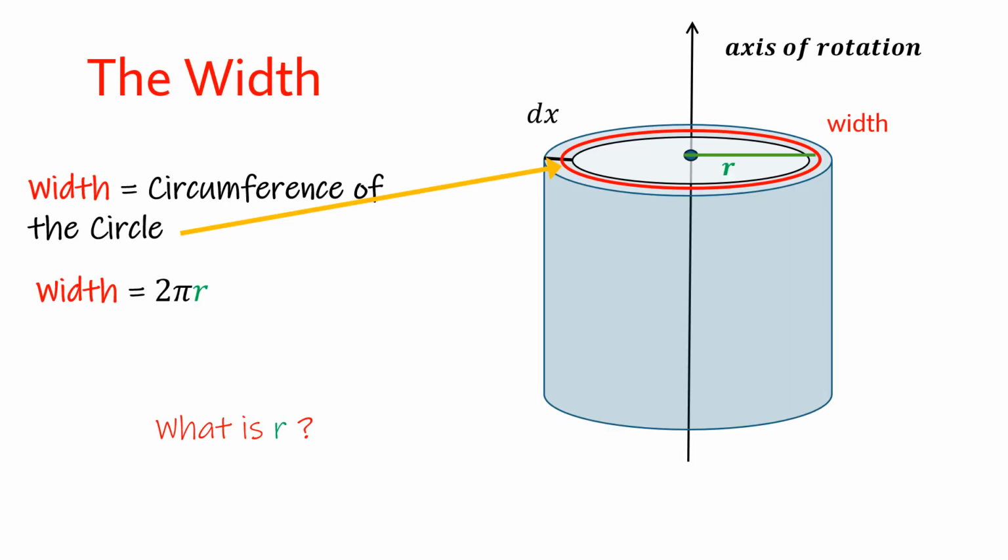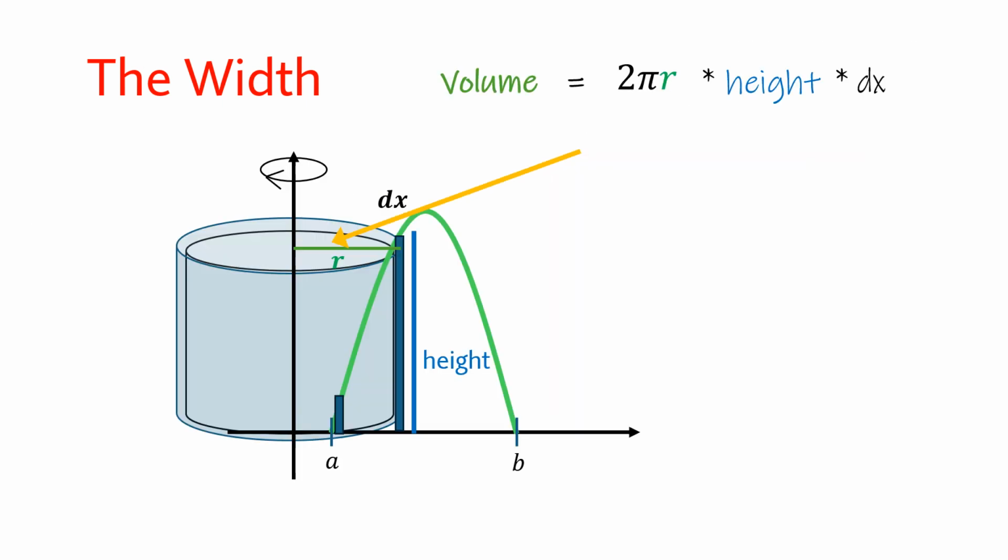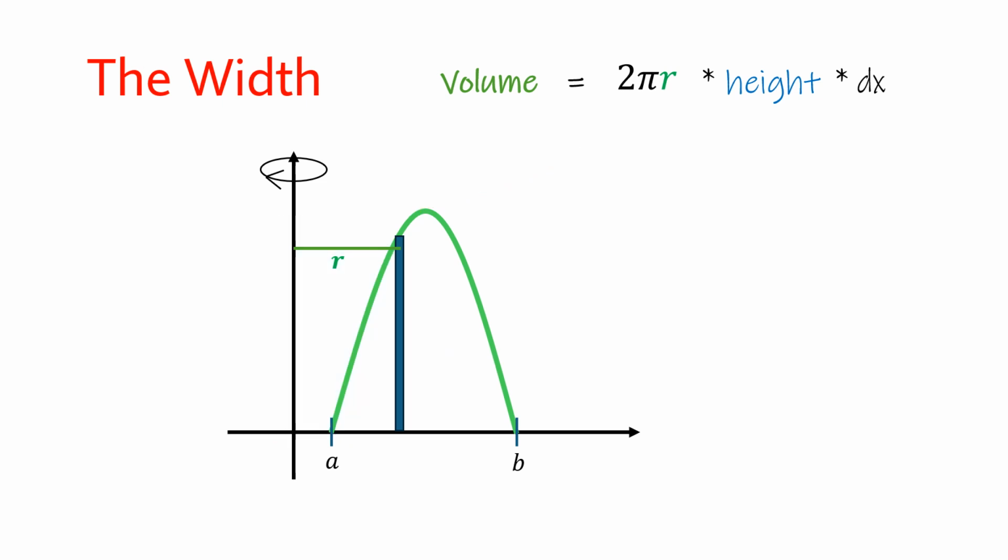So moving backwards to part 2, where we found the width to be 2 pi r, that was part 2 of the series. And we just need to find r. So here is our width of the rectangle put onto our cylinder. And let's just go ahead and put that cylinder back on our graph because then that's easier to come up with a formula. And remove all the extras so that we can see better.